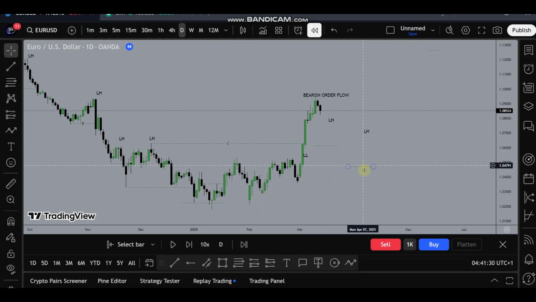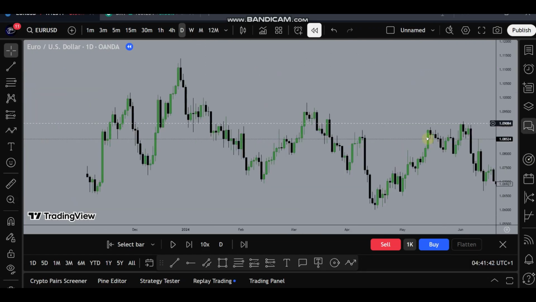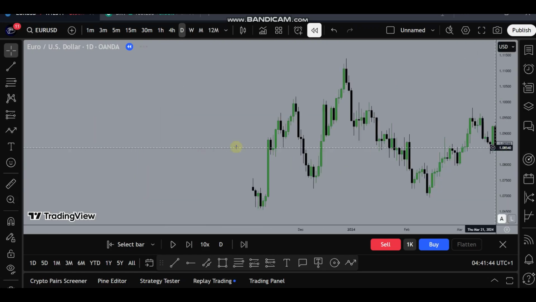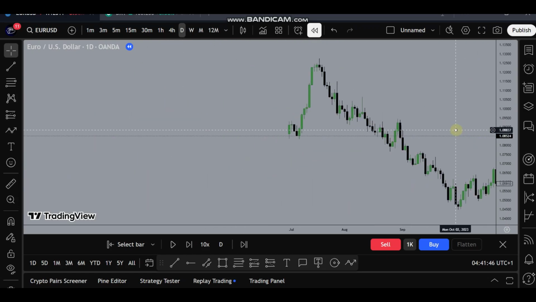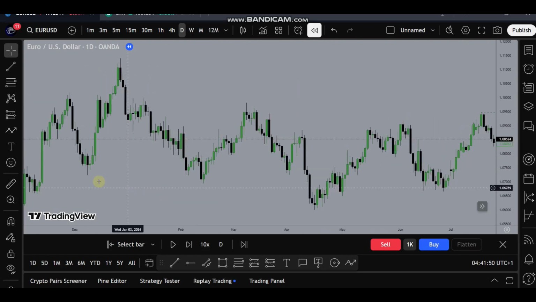I told you order flow is the trend of the market. That's the term smart money uses to identify a trend. Bullish order flow is a bullish trend, bearish order flow is a bearish trend. So you can just go to your chart and start identifying bearish order flow and bullish order flow.